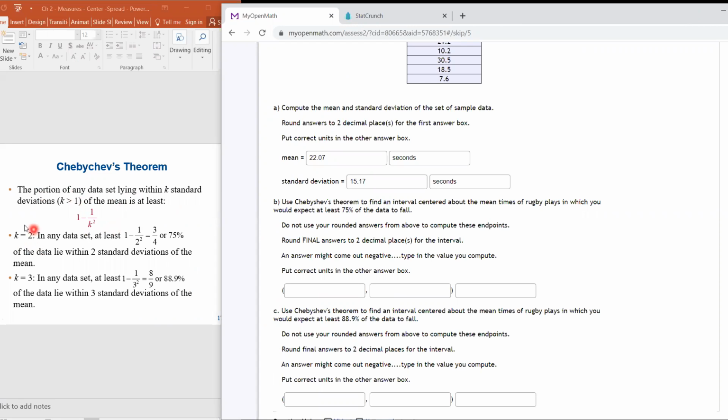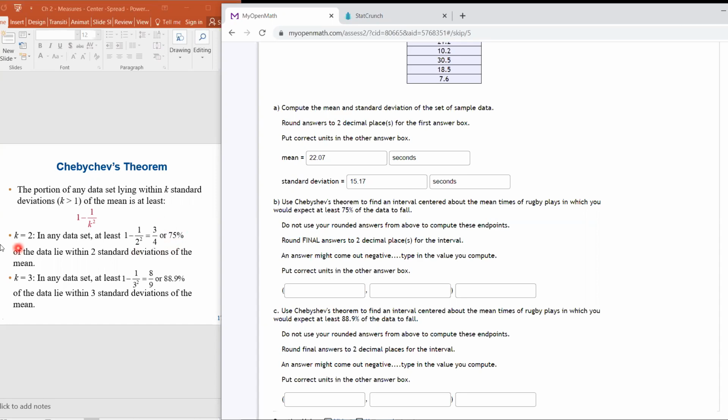However, they tell you if k is 2, meaning you are looking 2 standard deviations within the mean, below and above the mean, you expect to have at least, and they figure it out by plugging in k equals 2 in here, 75% of the data lie within 2 standard deviations from the mean.